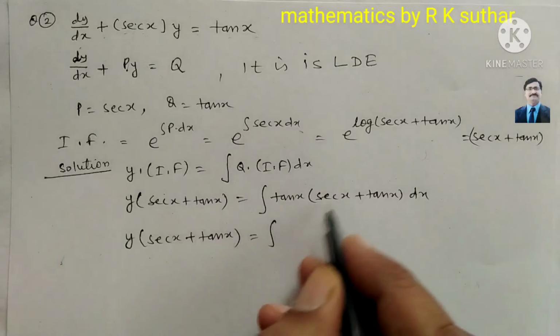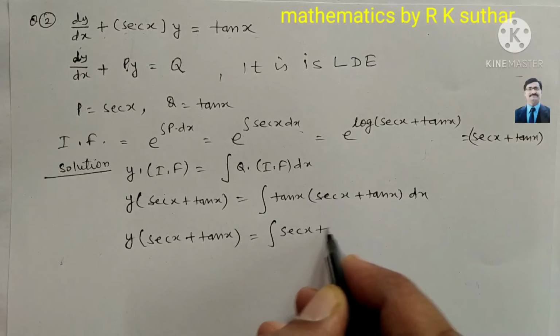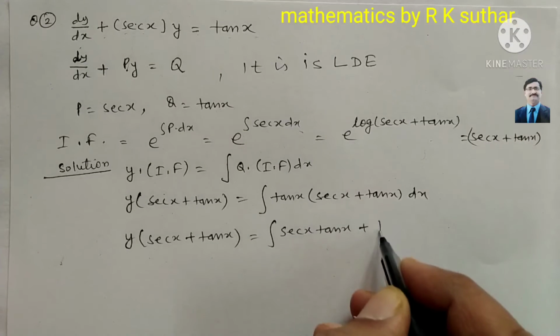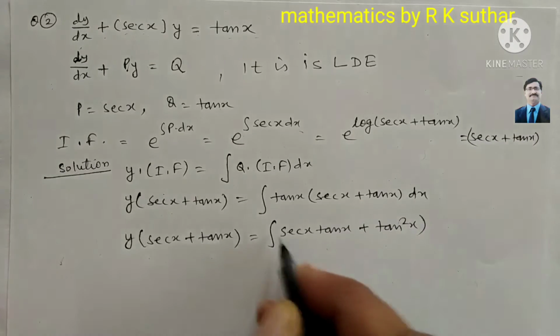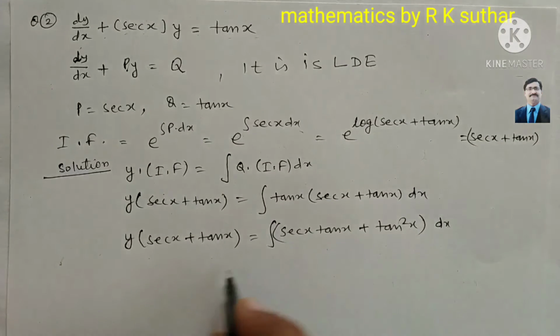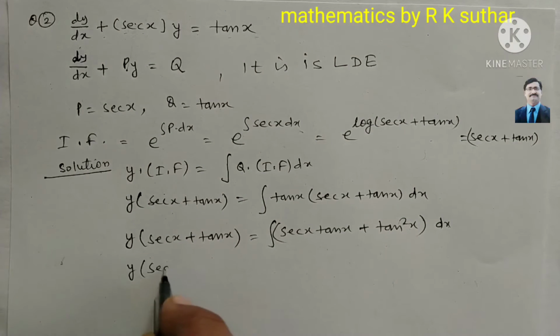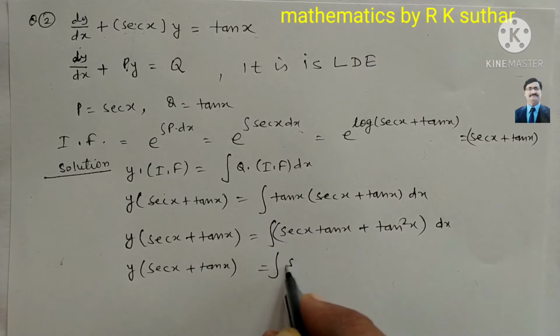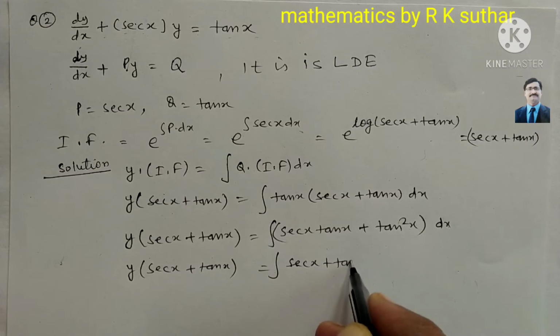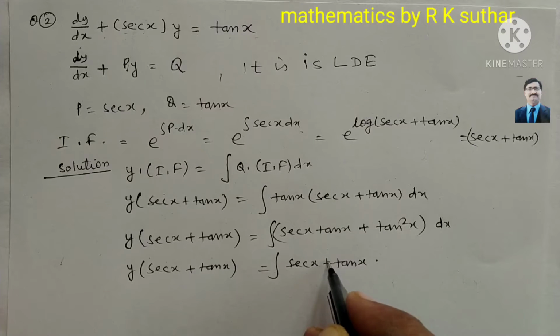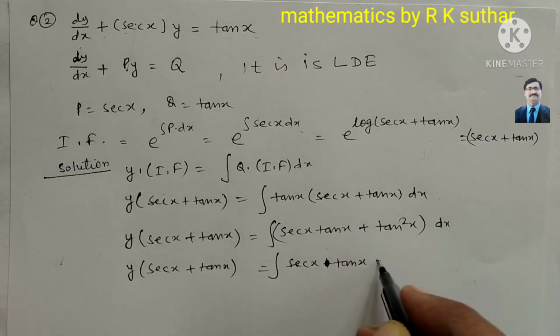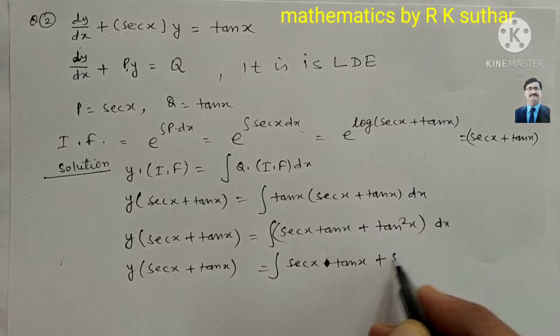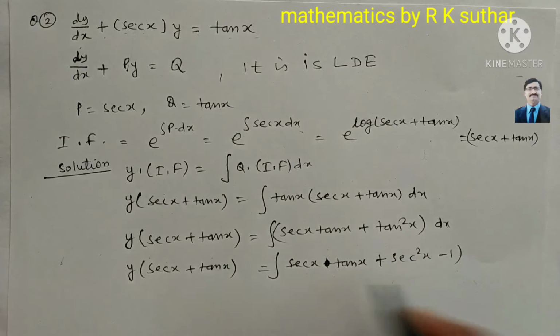We open the bracket and get sec x tan x plus tan square x, and tan square x we write as sec square x minus 1.